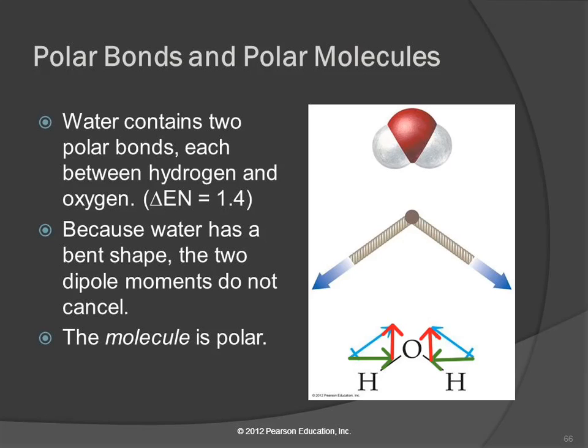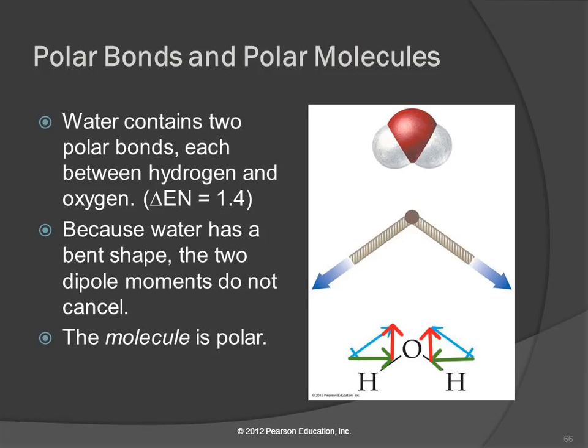Now we can look at these vectors separately, the red ones and the green ones. It's a little hard to compare the blue ones because they're at an angle. These green ones, this one's going to the right, this one's going to the left. Do those cancel each other out? They do. They're going in opposite directions and they're the same length. What about the red ones? The red ones don't cancel out.